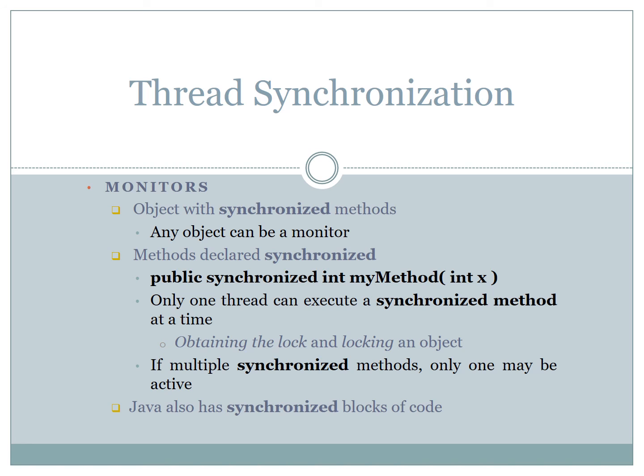Here only one thread can execute a synchronized method at a time, like a resource obtaining the lock, and after getting the resources it releases the object. So it is a synchronized method, and if multiple synchronized methods are declared, only one may be active. Java also has synchronized blocks of code.